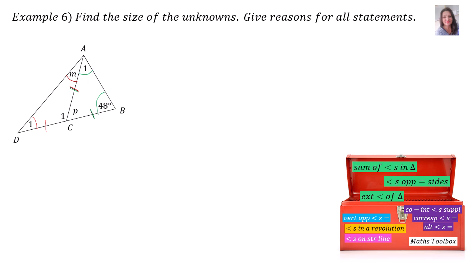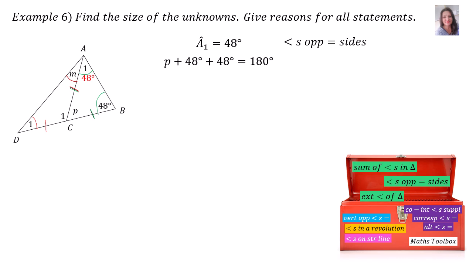Now, let's do the sum. Let's start with angle A1 is equal to 48 degrees, and our reason, angles opposite equal sides, since it's an isosceles triangle. Then once we know the size, we write it in on our sketch.